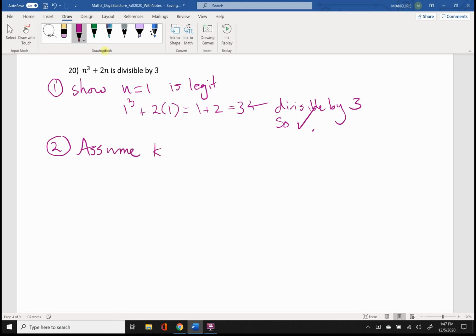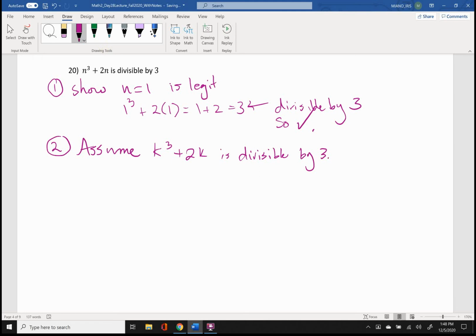Step 2, assume that k to the third power plus 2k is divisible by 3. I don't know what k is, don't need to know. I get to assume that if I take k, cube it, and then add its double, that it's going to be divisible by 3. Cool, moving on.